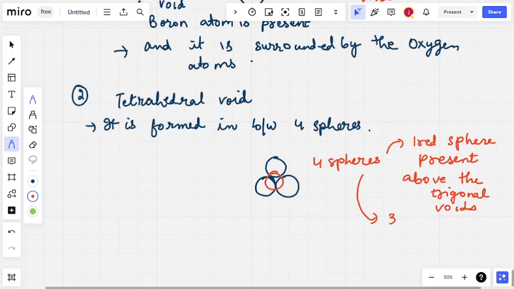Three blue spheres are in one plane forming the trigonal void.